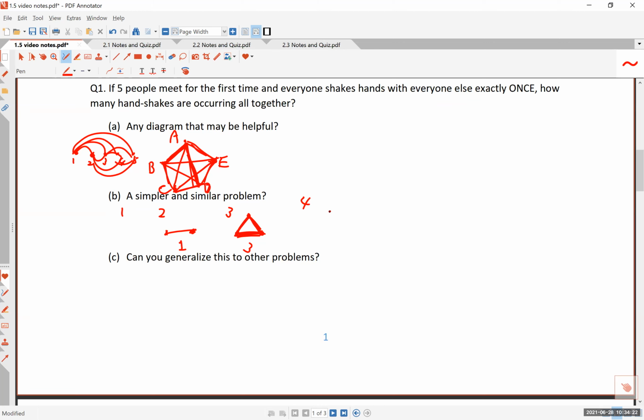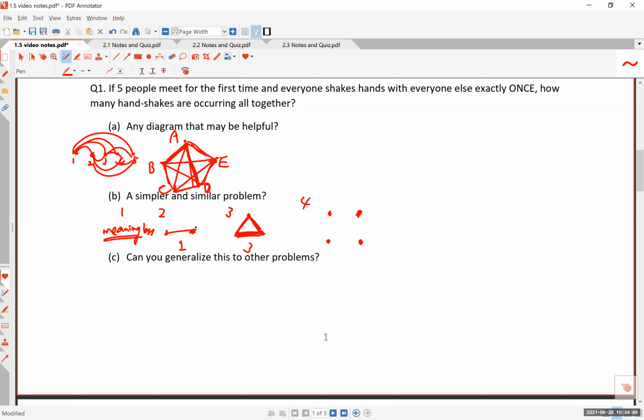If you have four people, and by the way, this is a great illustration of mathematical problem solving: you're trying simpler examples. Instead of 5, I'm thinking of 1, 2, 3, and 4. Of course, 1 is meaningless here because if you only have one person, this person doesn't shake anybody else's hand. Okay, but 2.